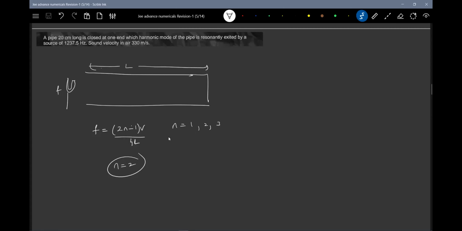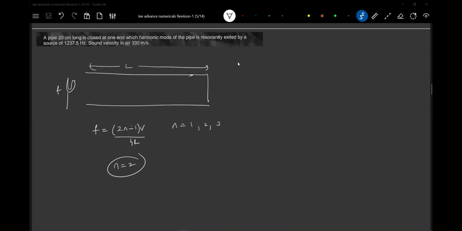Maybe checking the mathematics. First harmonic, second harmonic, third harmonic. The harmonic mode is being told, which harmonics will be absent.